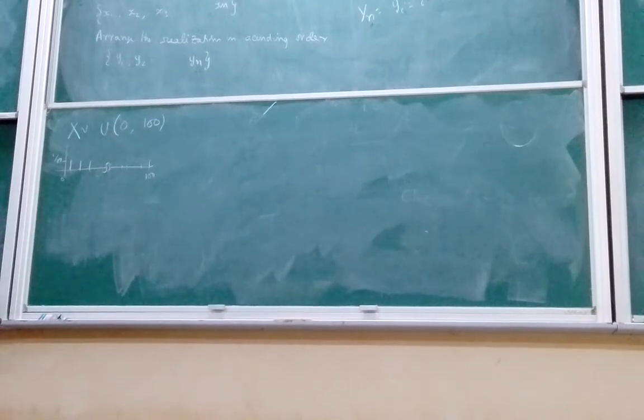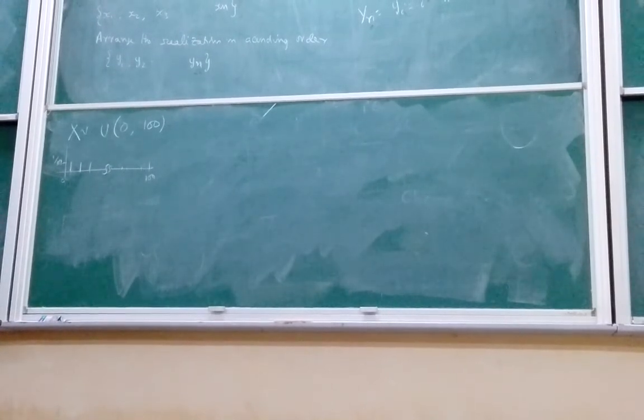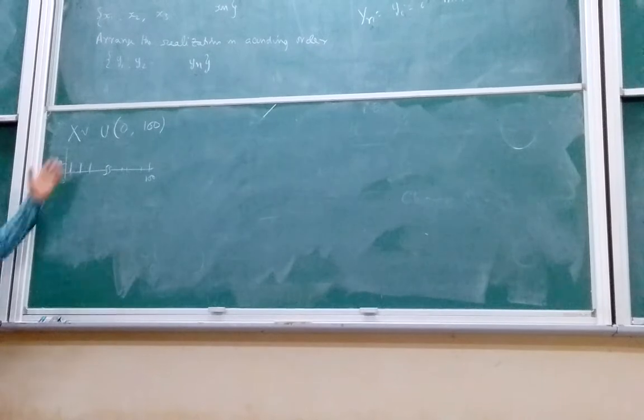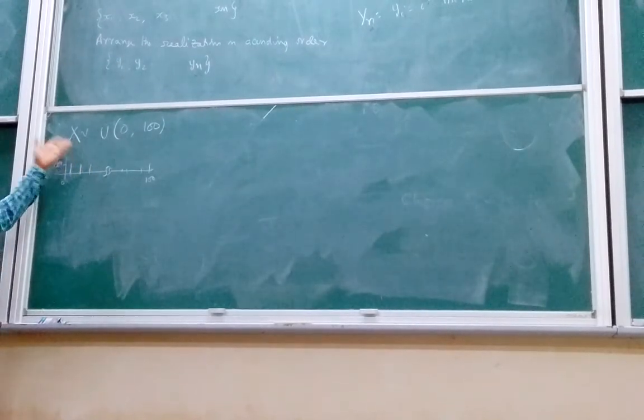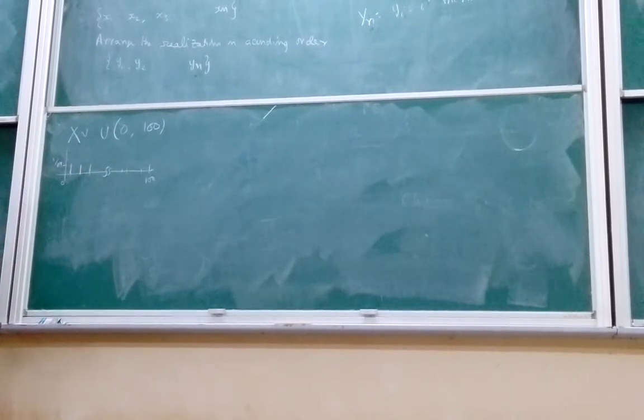So it takes integer values lying between 0 and 100, and we have n such random variables, all IID.